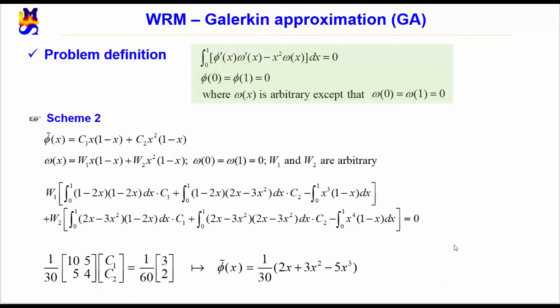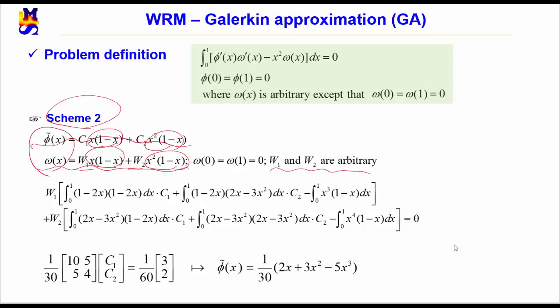The same problem can be solved by the Galerkin method in a slightly different way. Of course, the basic principle is the same. When we assume the trial function like this, we put its corresponding weighting function as a linear combination of the same basis functions employed to define the trial function for a known function. W1 and W2 should be arbitrary.